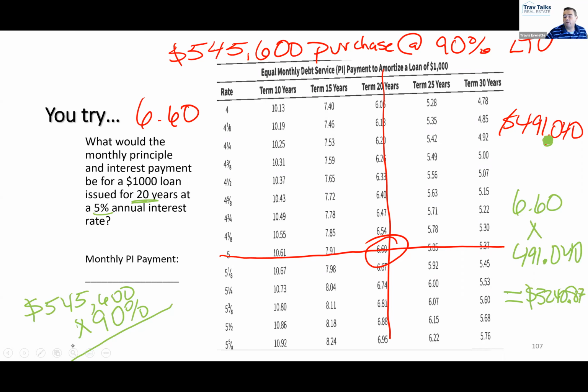That's where the $491,040 comes from. So the person is borrowing $491,000. Gotcha. Okay, I'm with you now. And then times the term percentage, and then change the comma to a decimal times $6.60. Okay, I just got it.